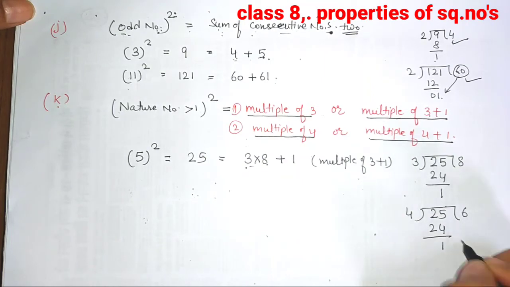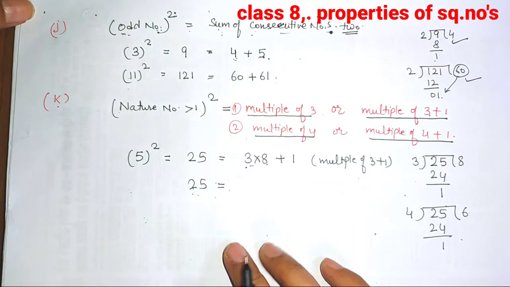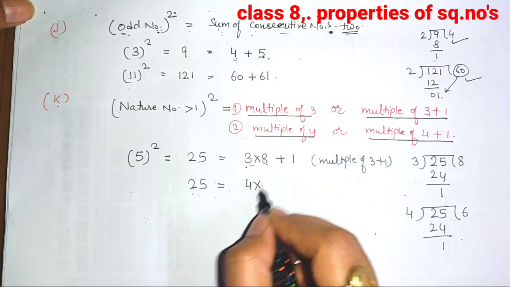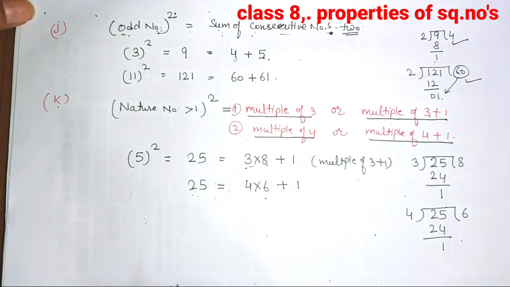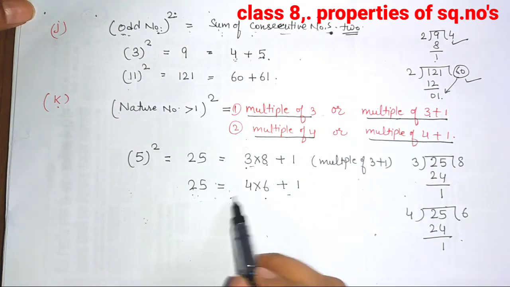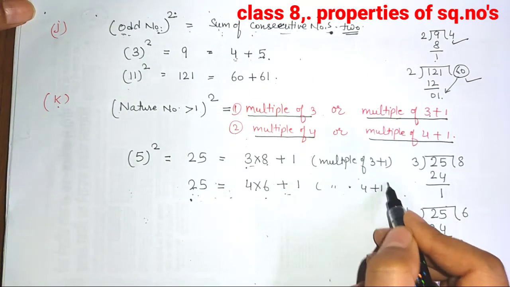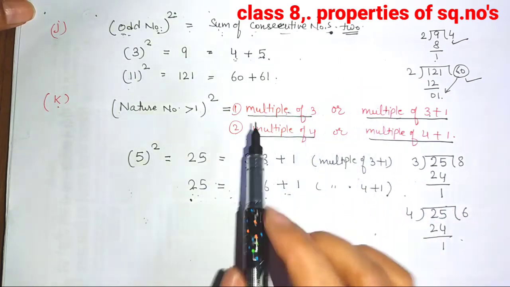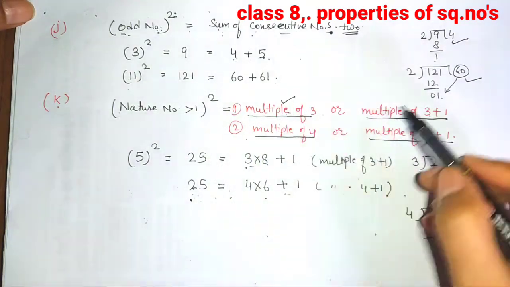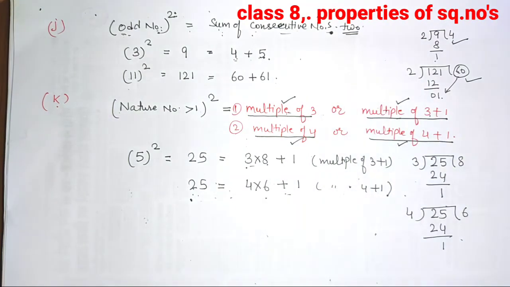When you divide it by 4, now again 25, we divide it by 4, again I am getting 1. So I can express 25 as 4 into 6, a multiple of 4 plus 1. It is again a multiple of 4 plus 1. So from these two, any square number can be expressed as a multiple of 3 or a multiple of 3 plus 1, or a multiple of 4 or a multiple of 4 plus 1.